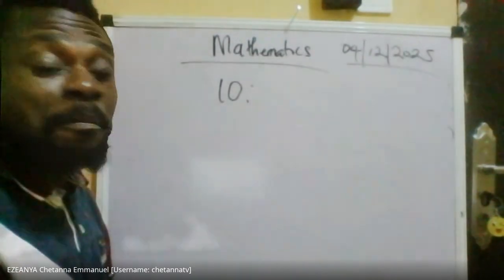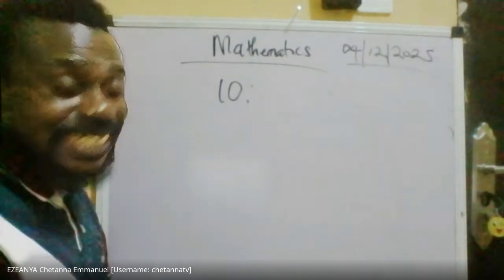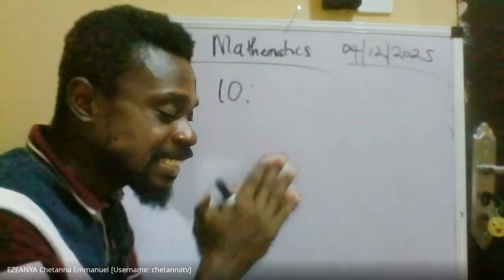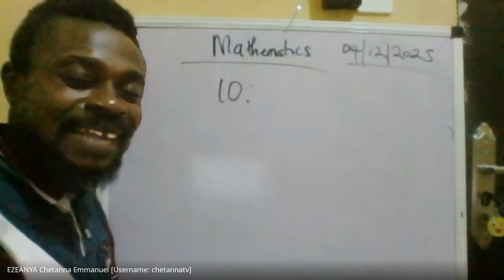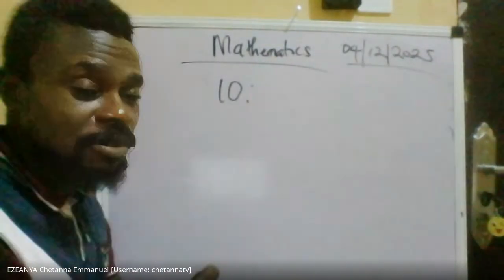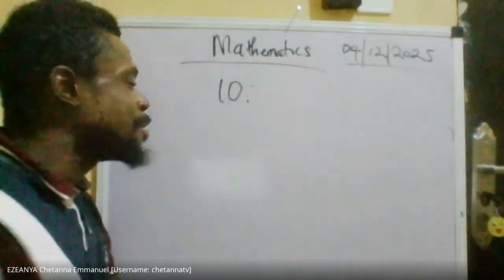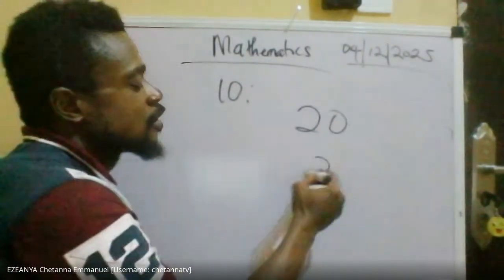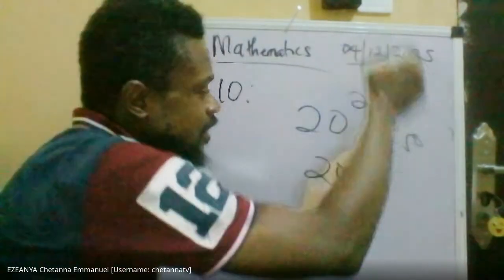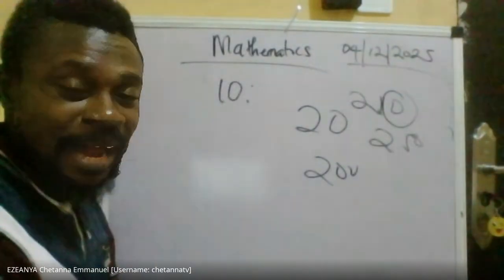If you look at any number and the last digit is 0, that number is divisible by 10. There are many of them: 20, 200, 210, 250.